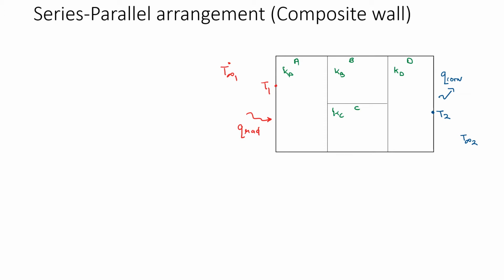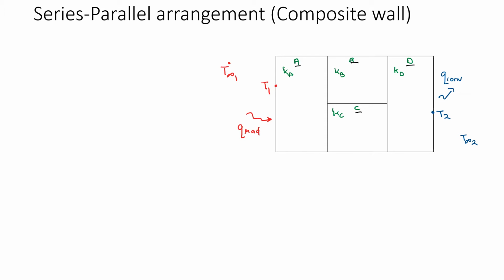Let's say we have a composite wall, which is a combination of four materials A, B, C, and D, and they have different thermal conductivities, Ka, Kb, Kc, and Kd.